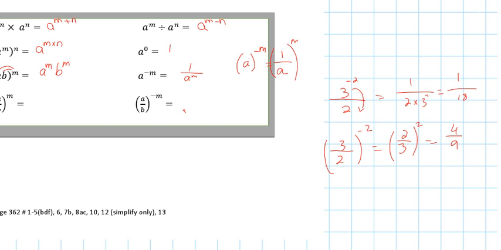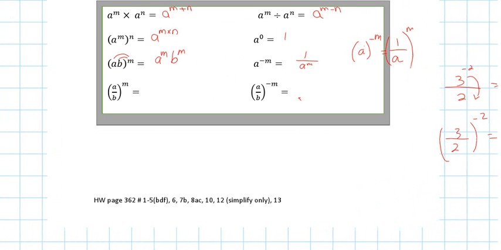If there is a bracket, you keep the bracket. If there's no bracket, you can't just create one. In this case, if I have (a over b) to the power of m, the m will be distributed to both a and b, so that's going to be a to the power of m over b to the power of m.